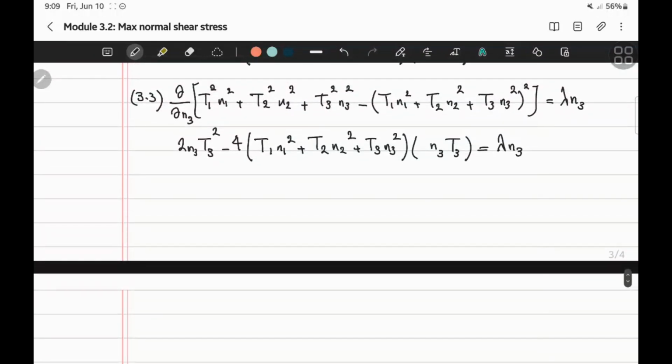So if we solve, so solving 3.1 to 3.3 and equation 4 simultaneously, then we will be able to get 12 answers.